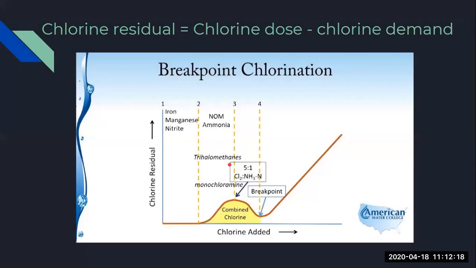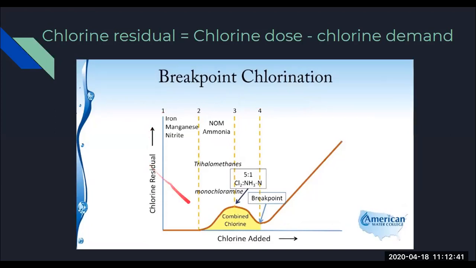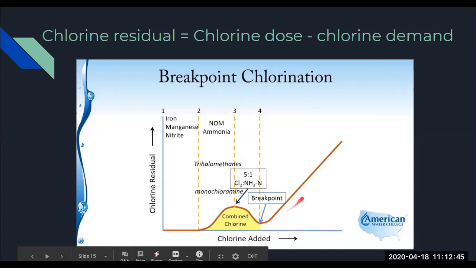Okay, so breakpoint chlorination is an important topic. You will notice some time was spent discussing it in the videos. I'm not going to go through it in detail. I will attempt to simplify it. We have a chart here. If you look at the chart, this orange line is our curve.